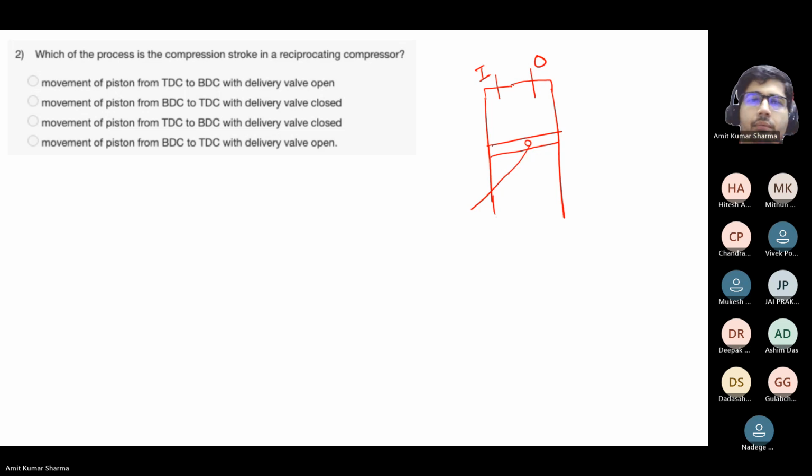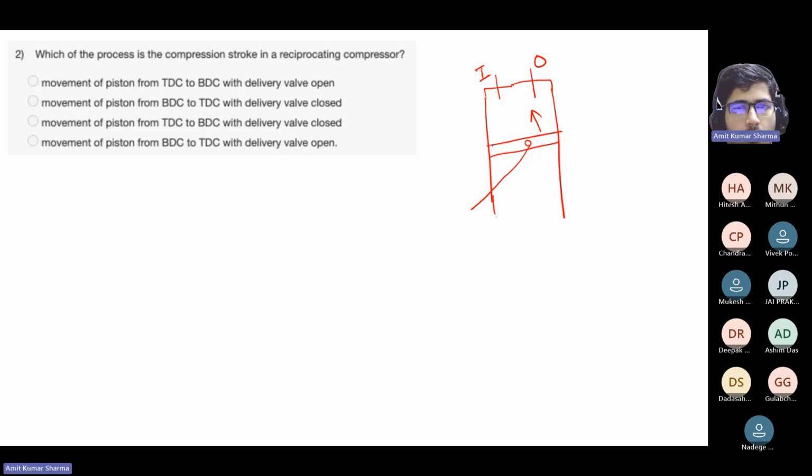The question is compression. For the compression, should the piston go up or down? Both inlet and outlet are closed, and the piston will be moving up.